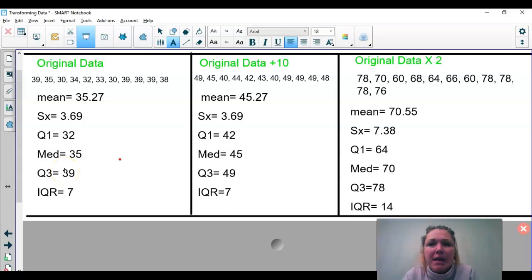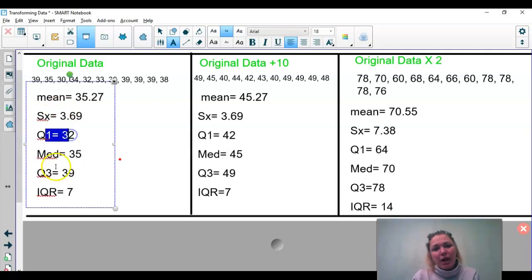In the future, you're going to be asked what will be the new value of your summary statistics and measures of location, which is things like quartile 1, quartile 3, min, max, or any number. You don't need to retype it all in your calculator and run one variable stats again.